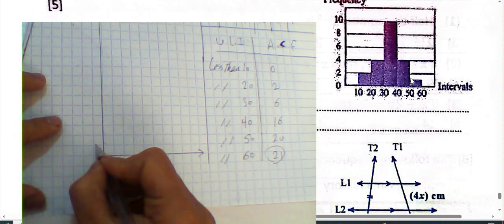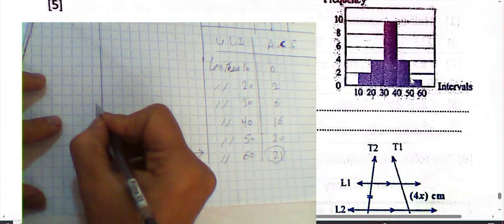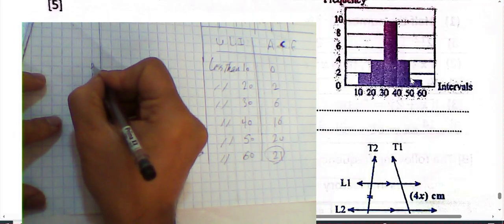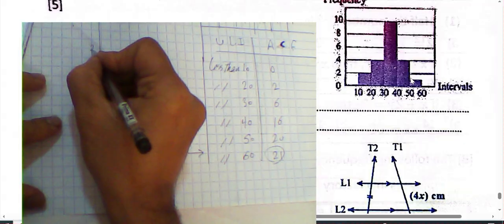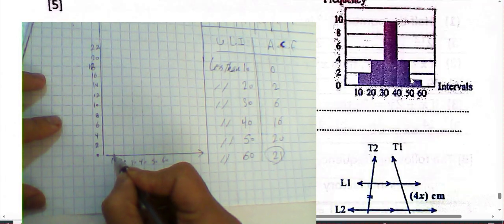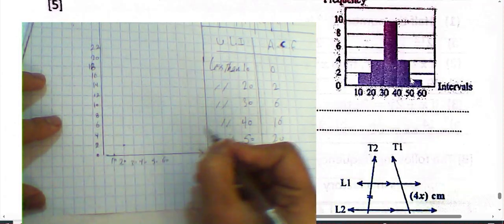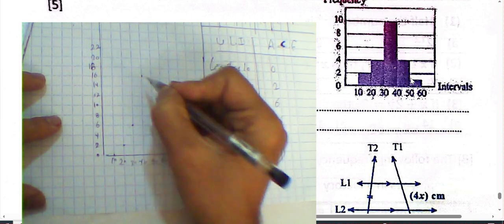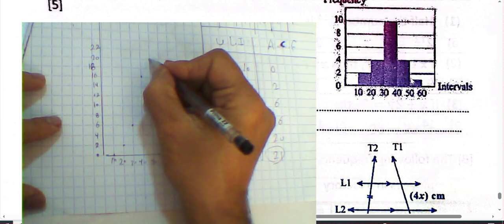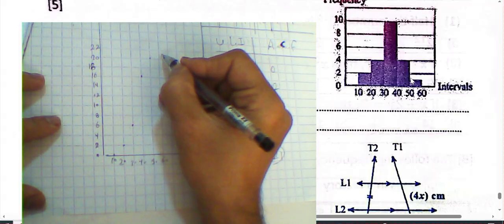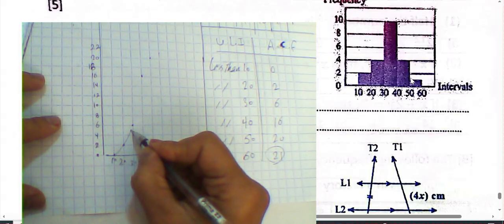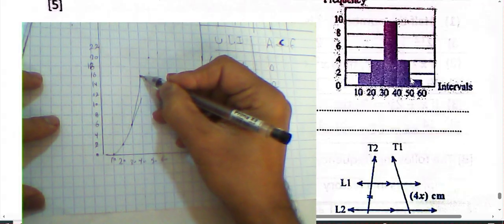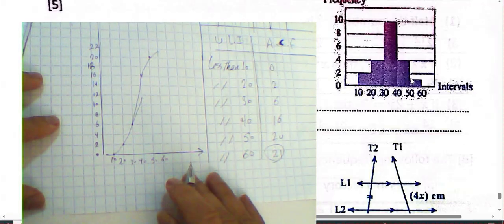Start from 0, 2, 4, 6, 8, 10, 12, 14, 16, 18, 20, 22. First with 0, second 2, third 6, fourth 16, next 20, and the next 21, and then draw the curve like this.